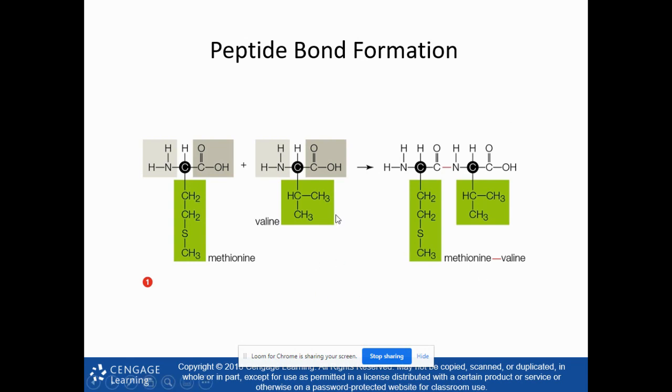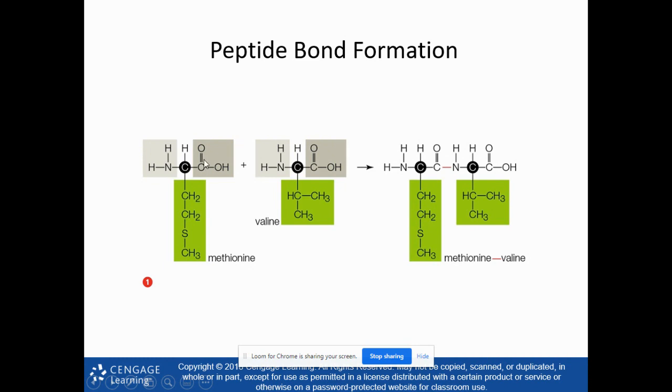So here is what I was talking about. You have two amino acids, methionine and valine, and you're going to form a peptide bond. Where is that peptide bond formed between these two amino acids? If you see here, this OH group of the carboxylic acid is going to go away, and this hydrogen bonded to this nitrogen is going to go away, and it's going to form water.